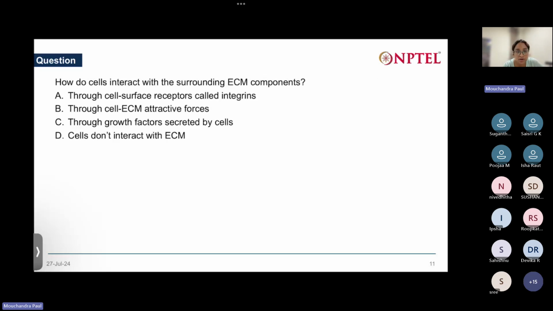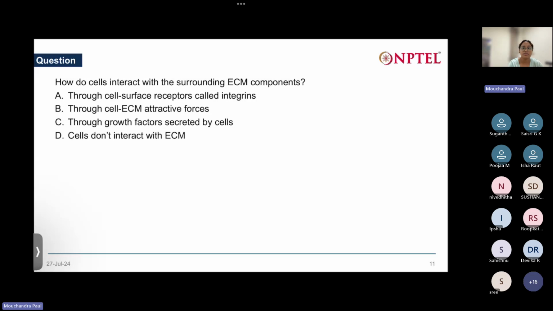Now, how do cells interact with the surrounding ECM components? Cells interact through receptors called integrins. There is a cell-ECM interactive force that helps. Cells can interact through growth factors, or cells do not interact with ECM at all. What do you guys think?